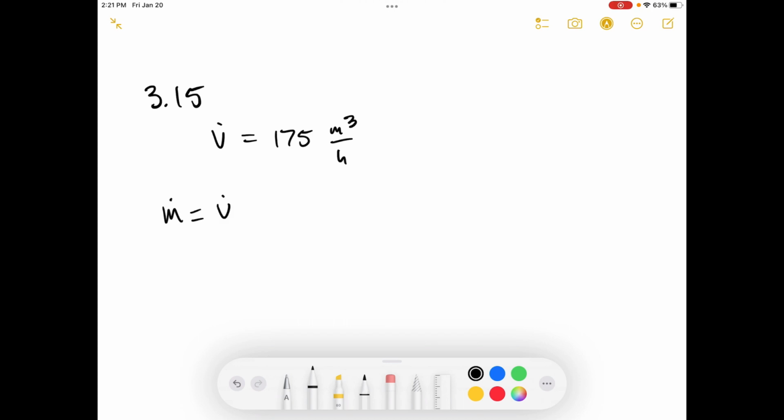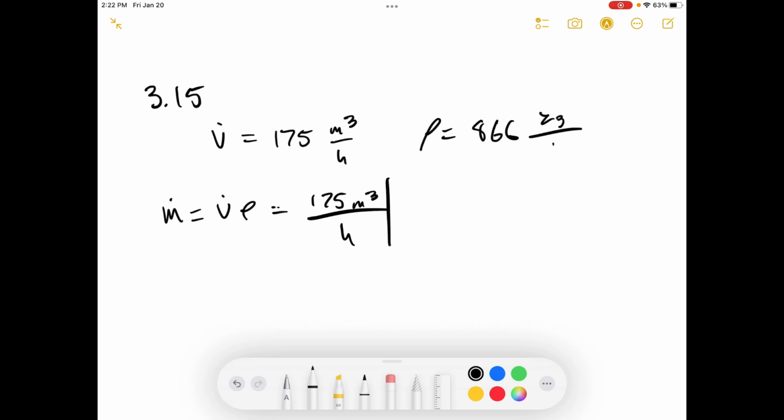Mass equals volumetric flow rate times density. 175 meters cubed per hour, and we need to know the density of toluene, and you can look this up in the back of your book, or you can just Google it, in kilograms per meter cubed.